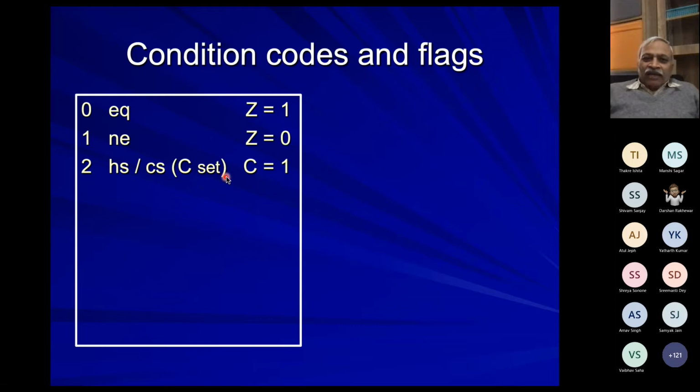Carry being set is an indication of higher or same for unsigned numbers, and carry being 0 is the opposite of that, which is lower.